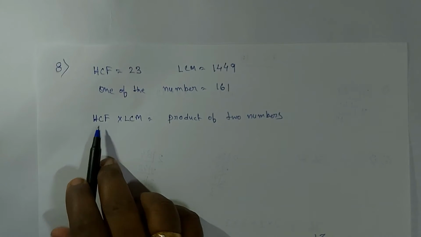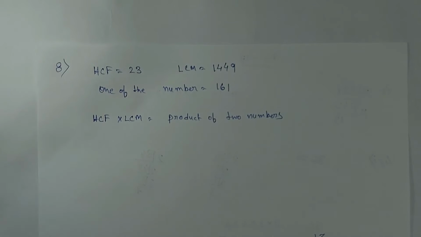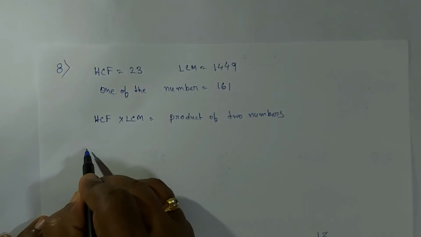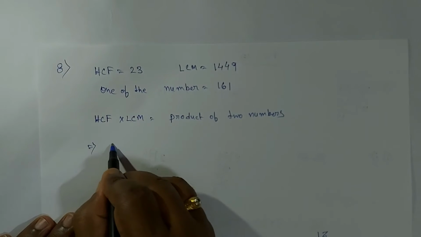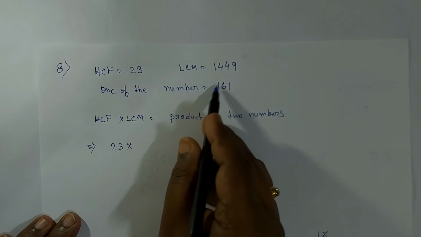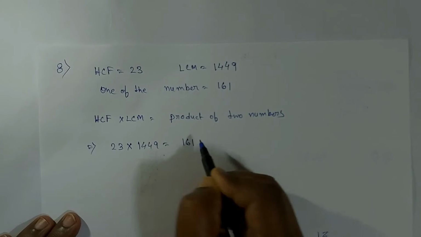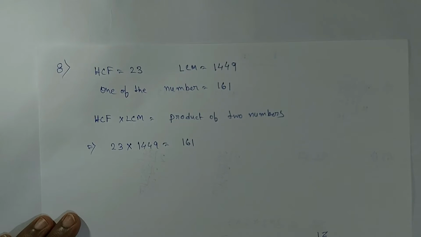For two numbers, their product is the product of HCF and LCM. So here 23 multiplied by 1449 equals the product with 161.